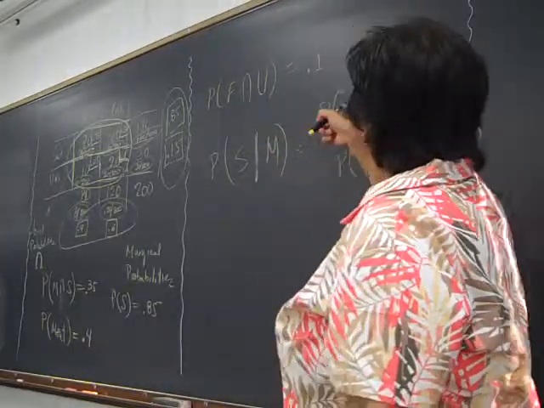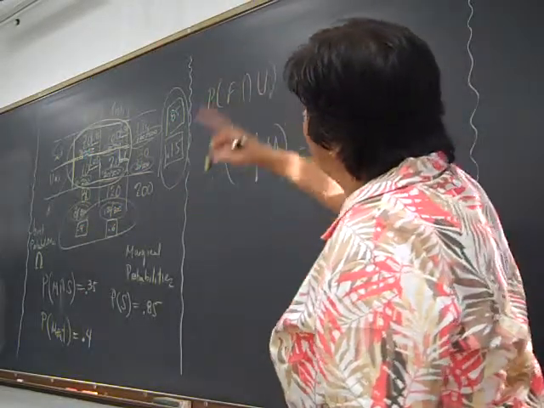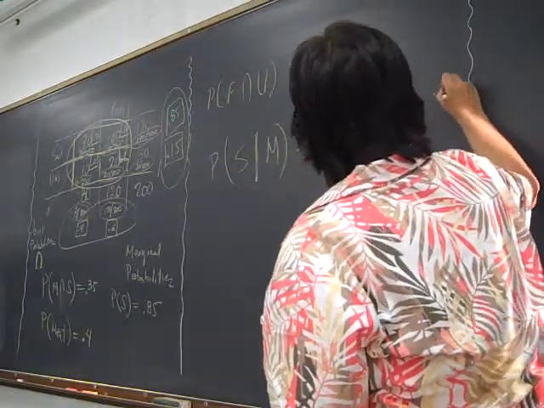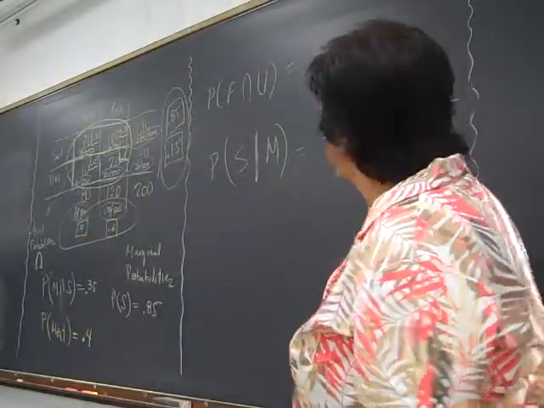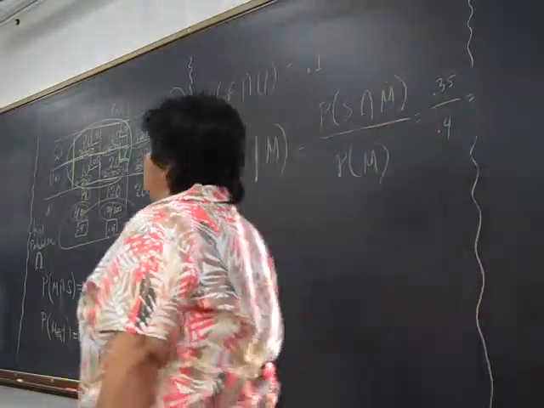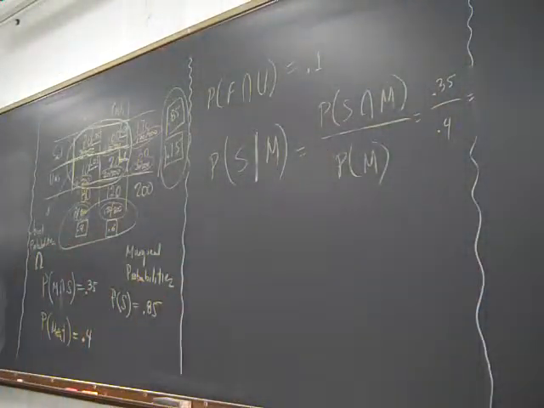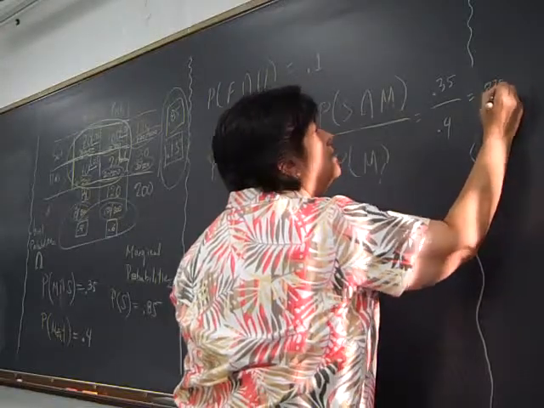And the probability that the person is satisfied and ate meat is what? We already covered that. It's 0.35. Divided by the probability that he or she ate meat, 0.4. So this probability is equal to 0.875. So you see, with the contingency table, it's pretty easy. Okay?